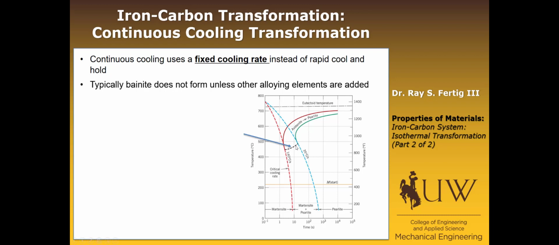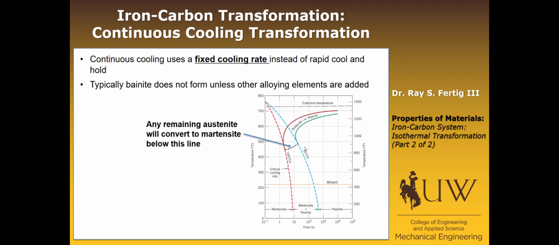This is showing you a 140 degrees C cooling rate, and this is a 35 degrees C cooling rate. Any curve that would take us through this dashed line is going to stop the reaction from austenite to pearlite, and it's going to just go from austenite to martensite. I just want to make you aware that that exists. If you have an application where this is needed, then this is the diagram you would use.